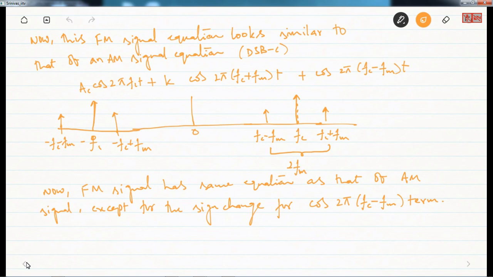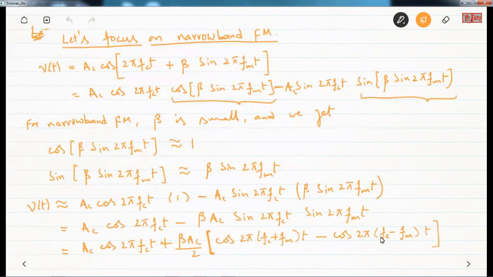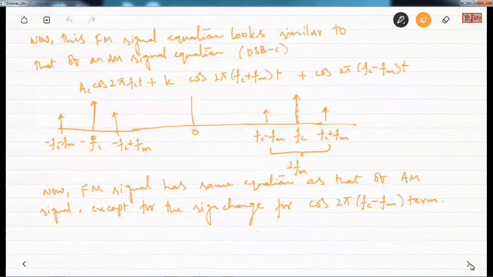Let me go back to this equation. Here we have seen that there is AC cos 2 pi FCT, there is cos 2 pi (FC plus FM)t, there is cos 2 pi (FC minus FM)t. But for the cos 2 pi (FC minus FM)t, there is a negative sign here, right? And for an AM signal, there is AC cos 2 pi FCT, cos 2 pi (FC plus FM)t, and cos 2 pi (FC minus FM)t, but here this is a positive sign.